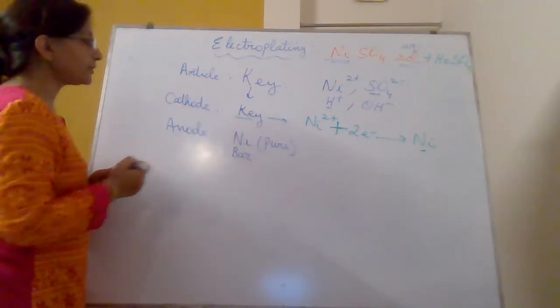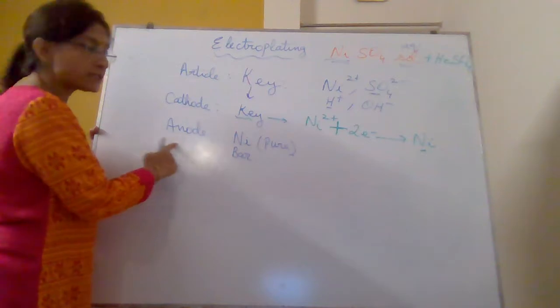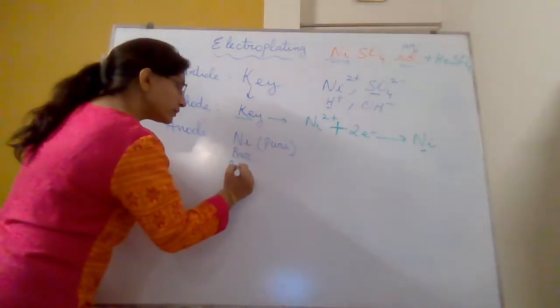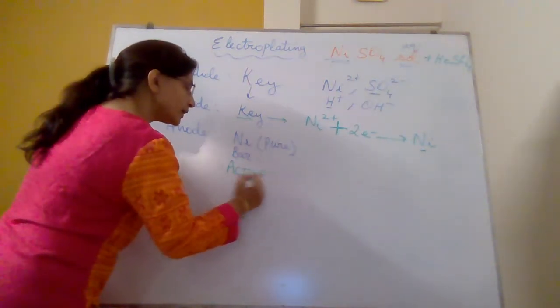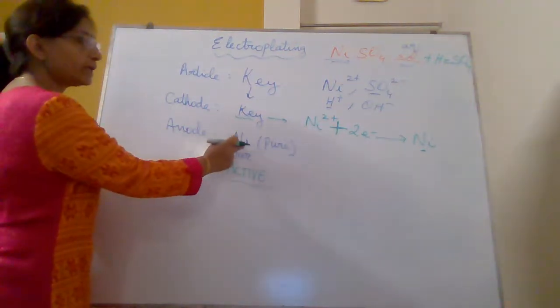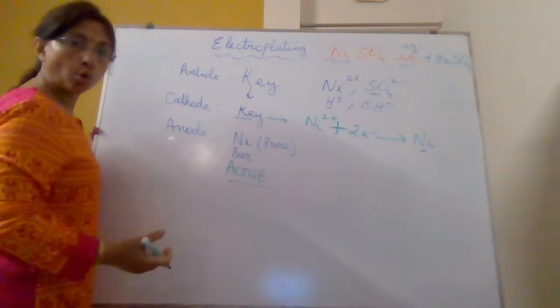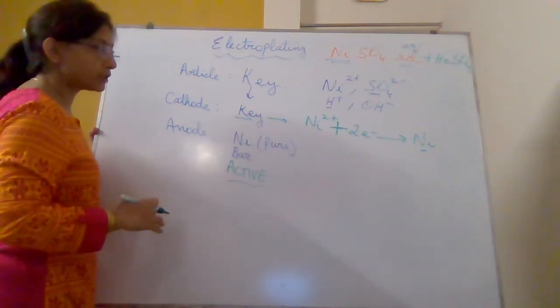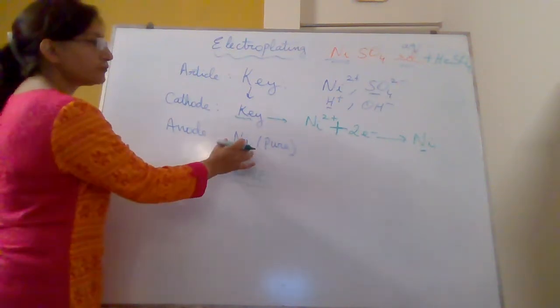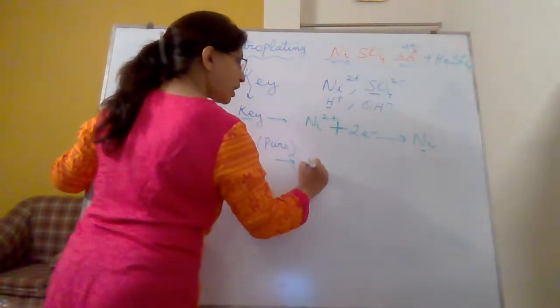And then what will happen at the anode? Since the anode is again the active electrode, anode being nickel, no anion will be deposited. On the contrary, it will produce its own ions. How?